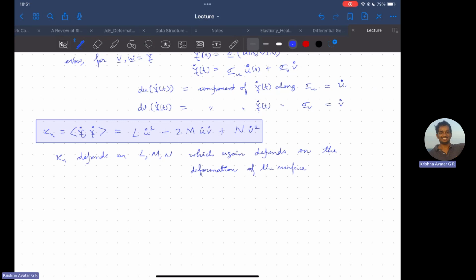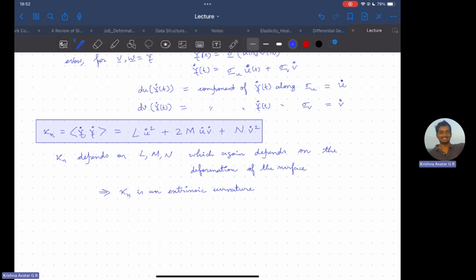Because due to deformation, sigma uu will change, sigma vv will change, which means that kappa n is an extrinsic curvature. It simply implies that since kappa n depends also on how the surface is deforming, that is the reason kappa n is an extrinsic curvature, right? Because it depends on the coefficients of the second fundamental form, which is very closely related to how the surface is deforming.